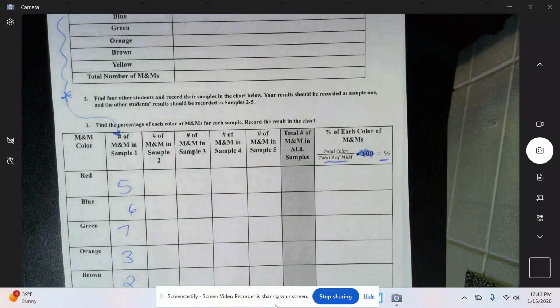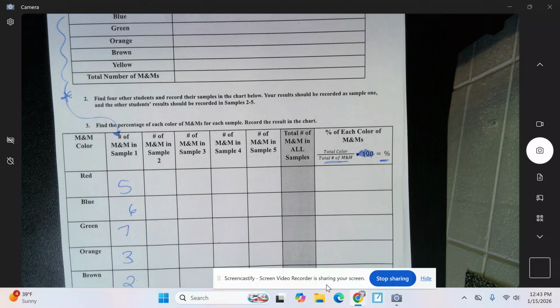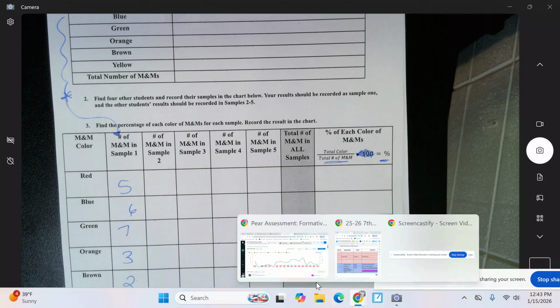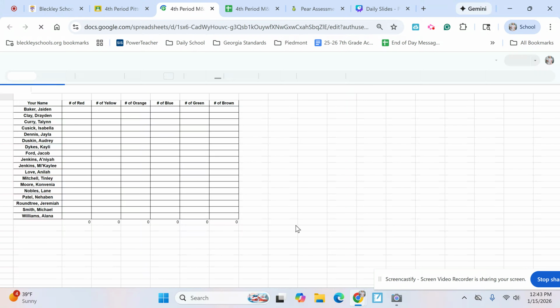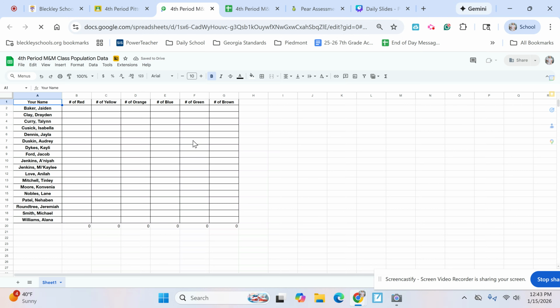Then you're going to pop over to Google Classroom, and there's a spreadsheet that you're going to find. They're both being slow. There's a spreadsheet, and you're going to find your name on it and insert your data into the spreadsheet.